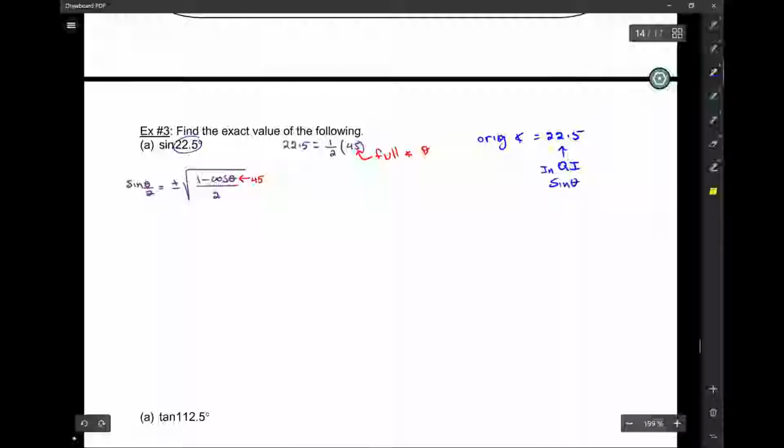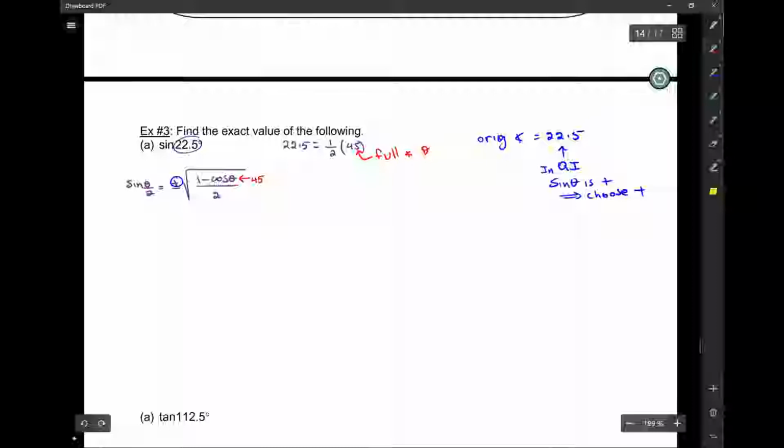Sine of theta is positive. Therefore, choose plus. So I choose the plus. Okay? So if this was, let's say, cosine of 110.5, right? Then you would choose the negative. Okay? All right.